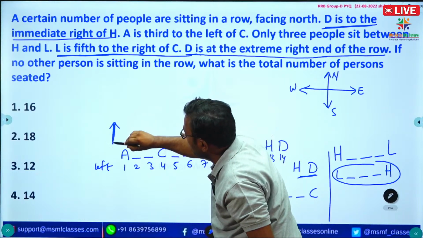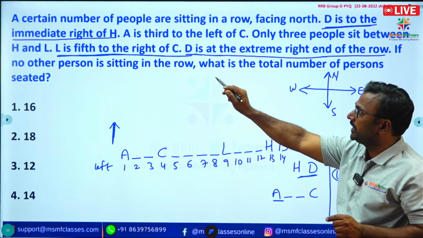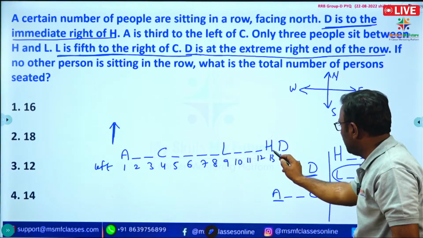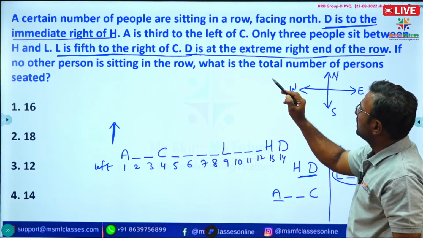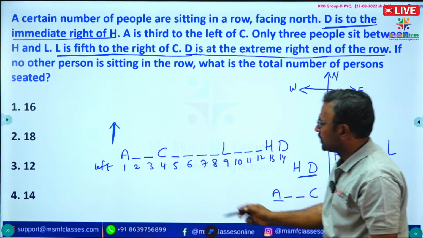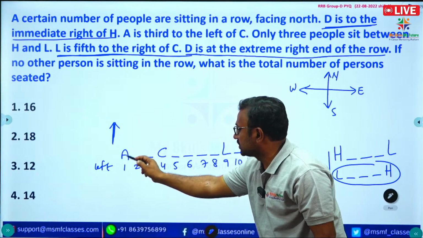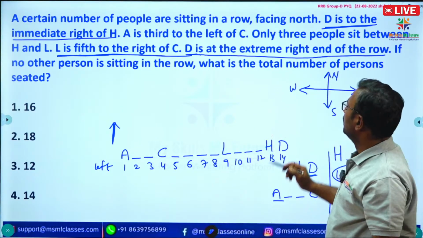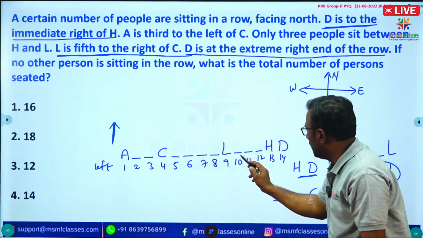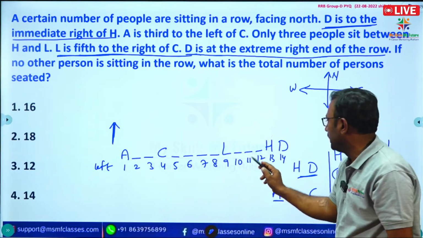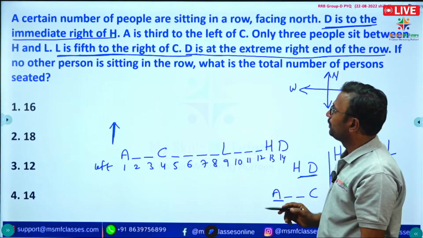D is to the immediate right of H. A is third to the left of C: first left, second left, third left. Only three people sit between H and L. So 1, 2, 3.